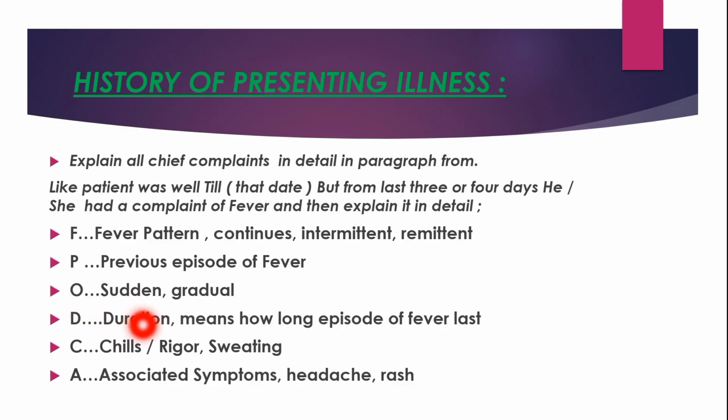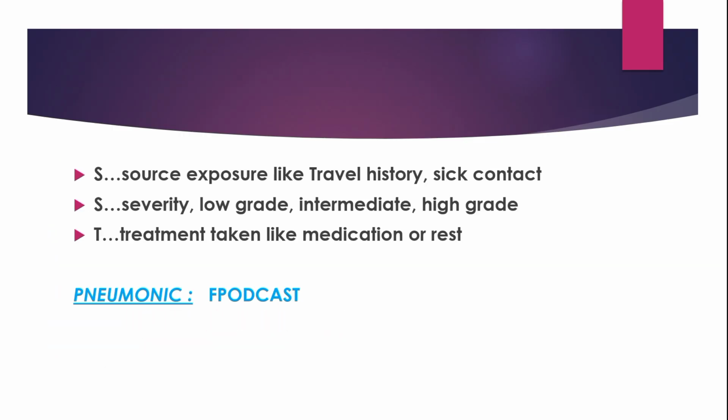And C as per any chills or rigors or sweating associated with fever, and S stands for other associated symptoms like headache or rash associated with the fever. S stands for the source exposure, like any history of travel or sick contact associated with the fever, and S also stands for severity of the fever, whether the fever is low grade, intermediate, or high grade, and T stands for any treatment taken, like any medication used or rest for relief of the fever.